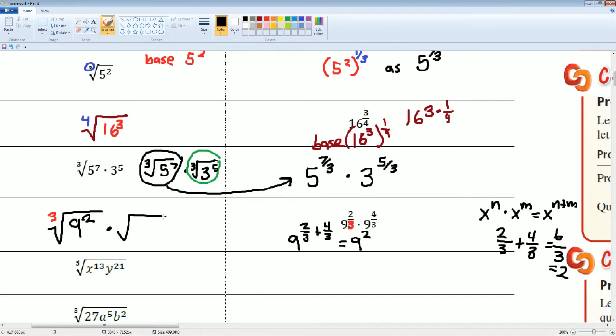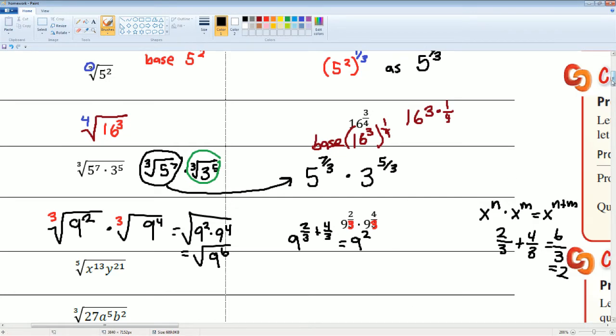This is 9, the bottom value is the 3, so that should be the top here, and the 4 is on top, so this should be here. But again, you can combine this. This just becomes 9 squared times 9 to the 4, which is just 9 to the 6. So there's different versions of this answer.